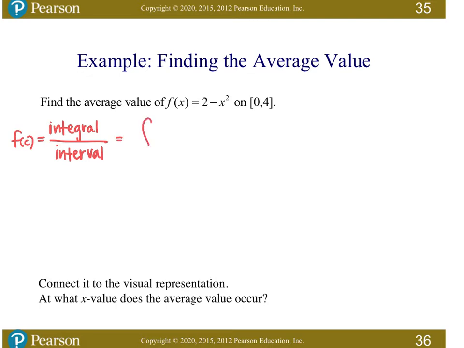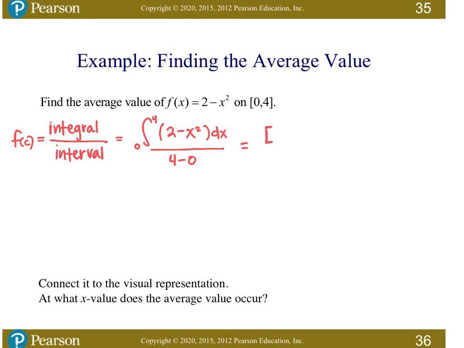So the integral from 0 to 4 of parentheses 2 minus x squared dx over the interval 0 to 4, so 4 minus 0. That's the math, that's the setup. Now it's up to you to do the rest of the work.